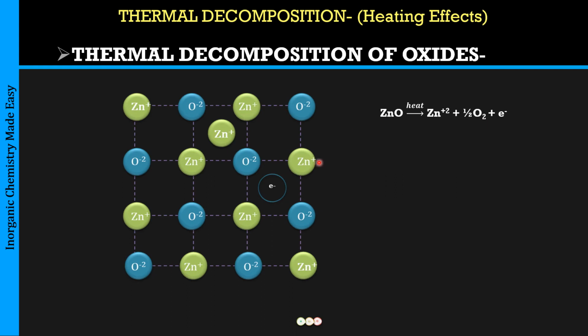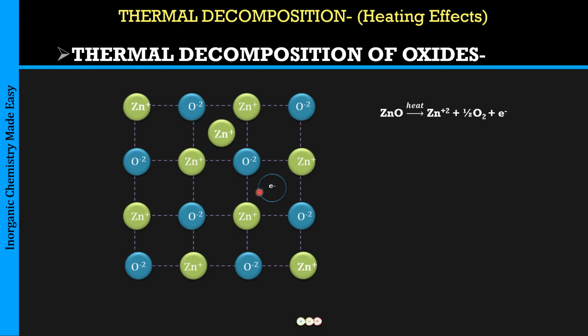Oxygen goes, but the electron remains to maintain the neutrality of the crystal lattice. So this excess of zinc ions comes into the interstitial site, and along with that, the electron also gets entrapped in the interstitial site. Now this electron is responsible for absorbing the remaining colors of the white light, and hence a yellow color is seen for zinc oxide.